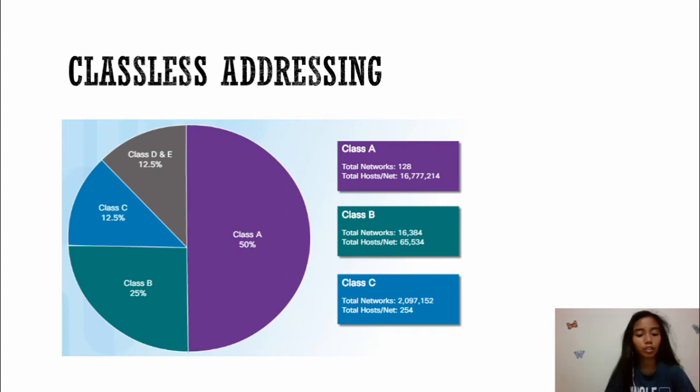So let's proceed to classless addressing. In this graph, it has different classes.